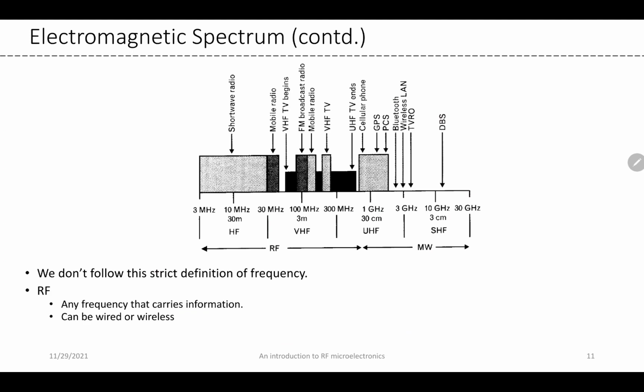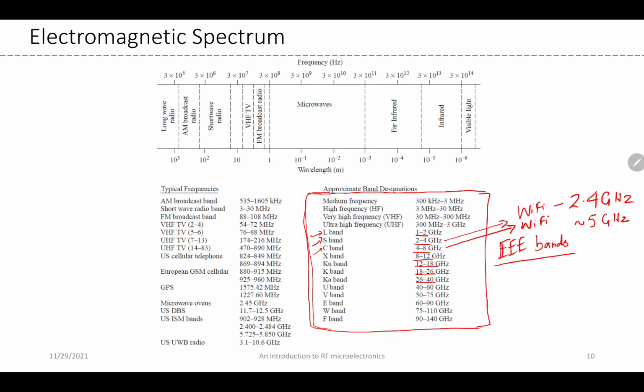Now again, these different frequencies, this is a very old slide, but it's still relevant. These different frequencies are allocated to different applications. Like we mentioned in the previous slide, this 2.4 gigahertz and 5 gigahertz is assigned to Wi-Fi.